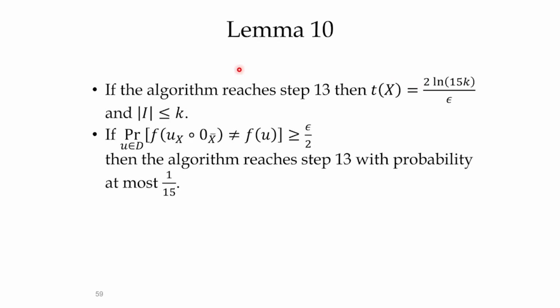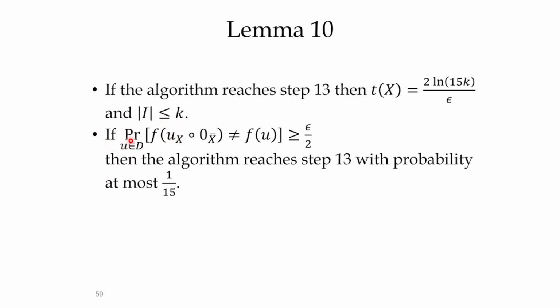Okay, so this is lemma 10. If the algorithm reaches step 13, then t of capital X is equal to 2 ln 15k divided by epsilon, and the size of the relevant groups is less or equal to k.